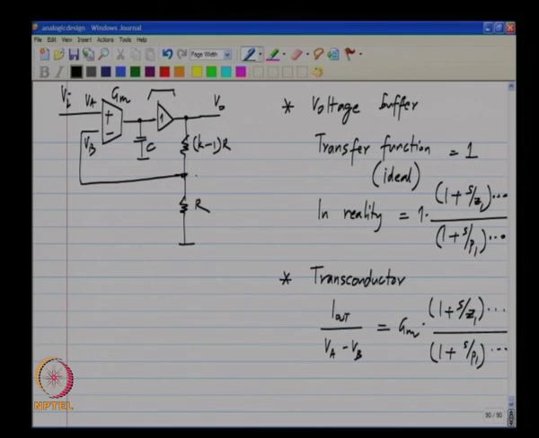Okay. So, for instance, here ideally there is nothing, but in reality there will be a capacitor. So, let me call that Cp with respect to ground, Cp between that point and ground. Now, what happens because of this? Let us examine the voltage divider by itself.